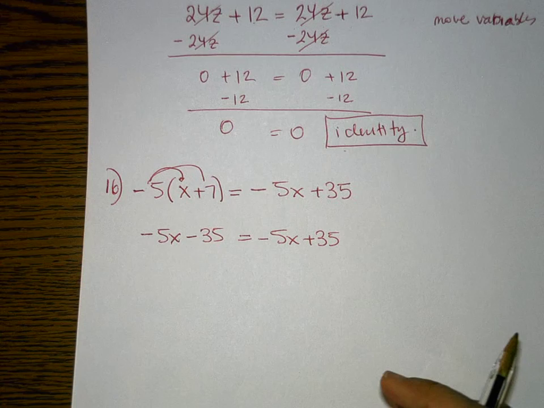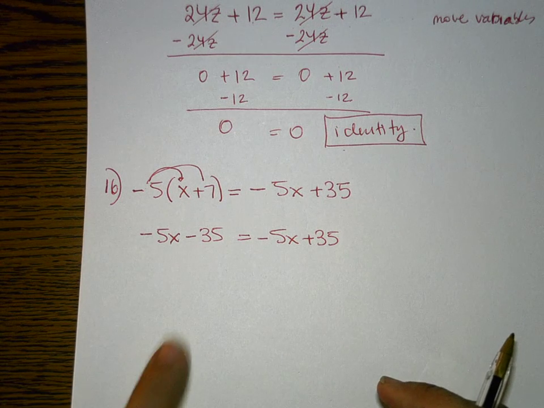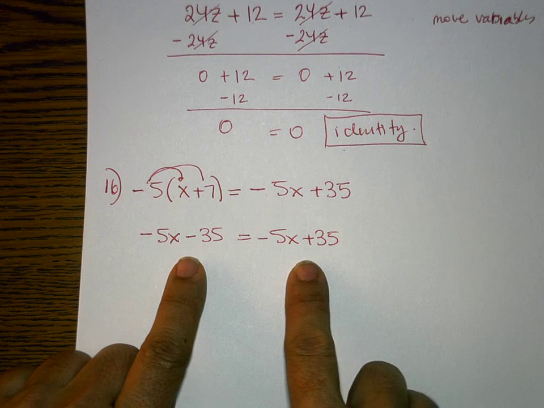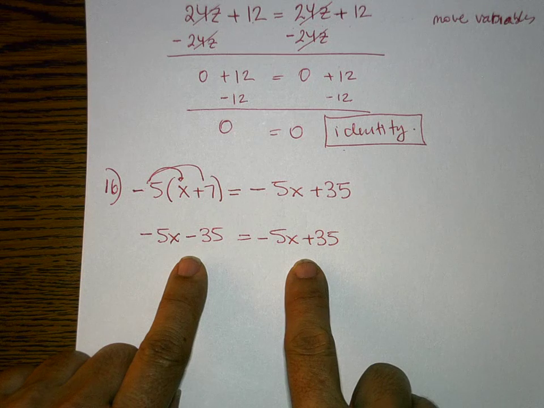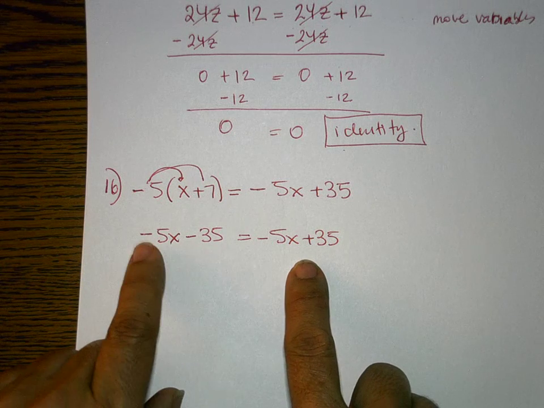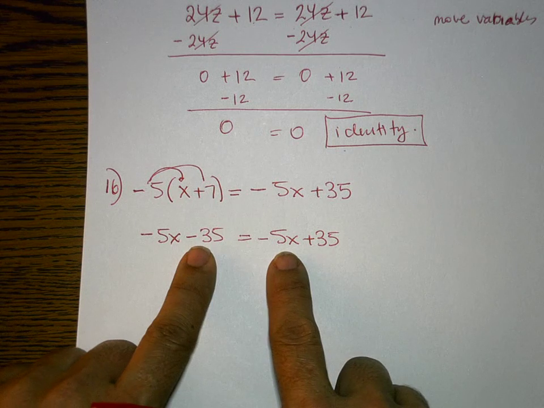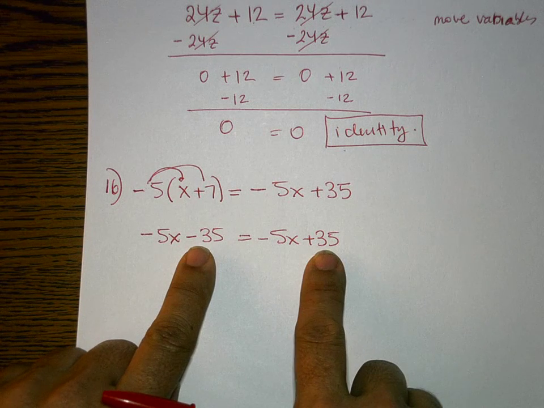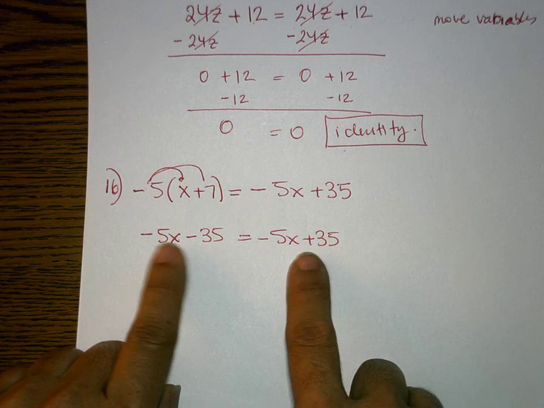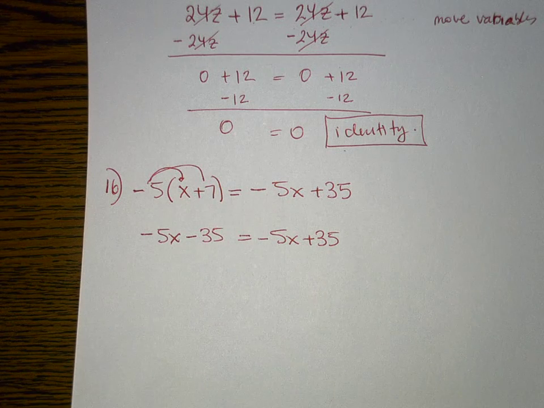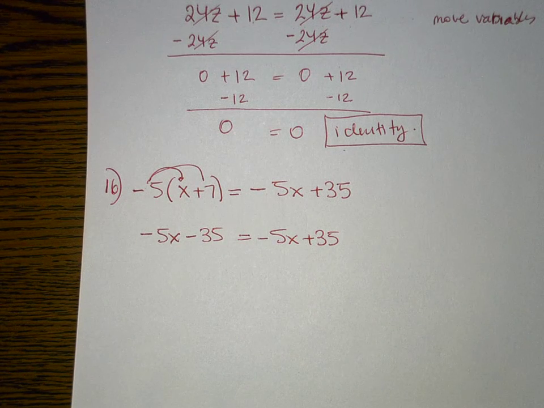Usually if you're careless, you will look at this and say they are exactly the same, therefore it's an identity. They are not the same. I have a negative 5x, that's nice, but this is a negative 35 and that's a positive 35. So these are not identical to each other. It's not an identity.